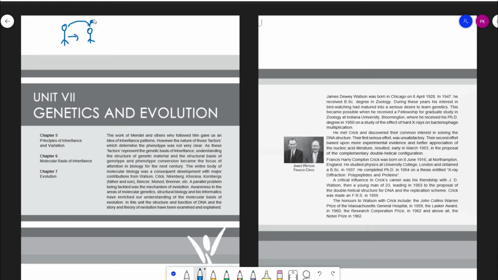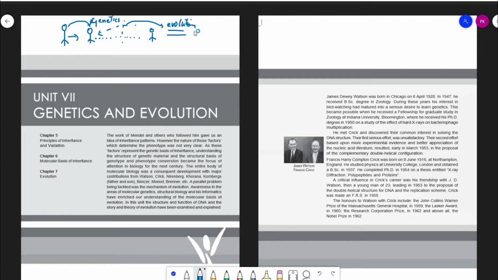Now, after a lot of generations, you will see that you are very different from your ancestors. When you spot the difference between you and your ancestors in a lot of ways, that is known as evolution.